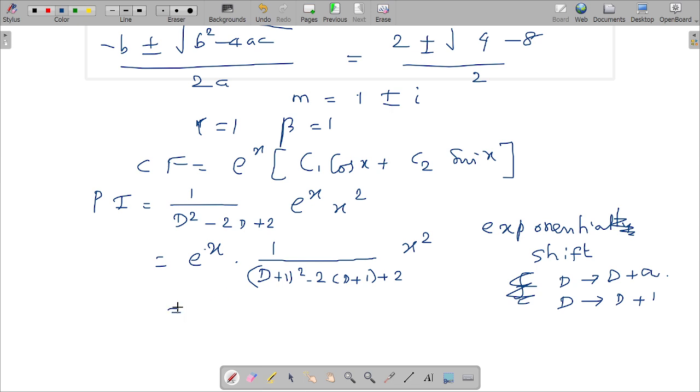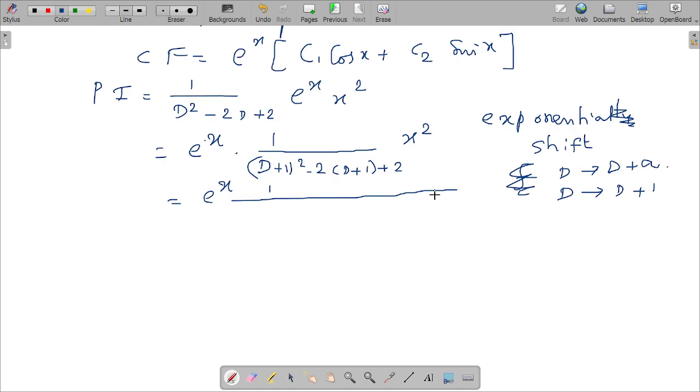That is equal to e power x into 1 divided by (D plus 1) whole square, which is D square plus 1 plus 2D, minus 2D minus 2 plus 2.